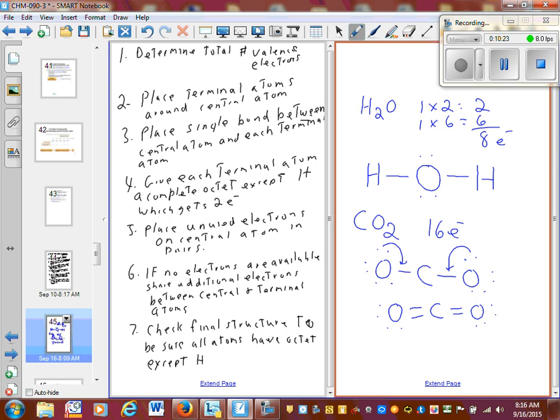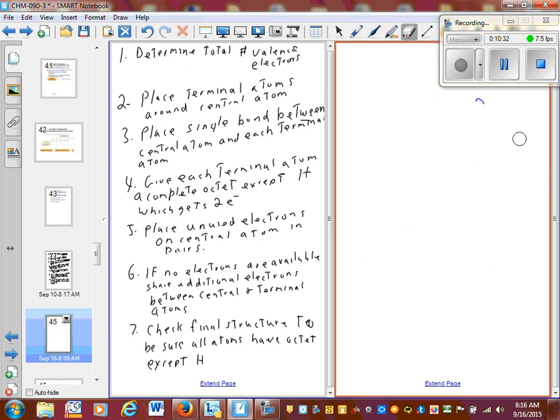Okay, let's look at a couple more. Let's change the grid. Hydrogen cyanide. How many valence electrons?